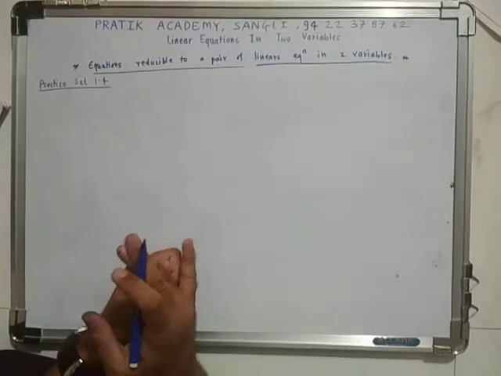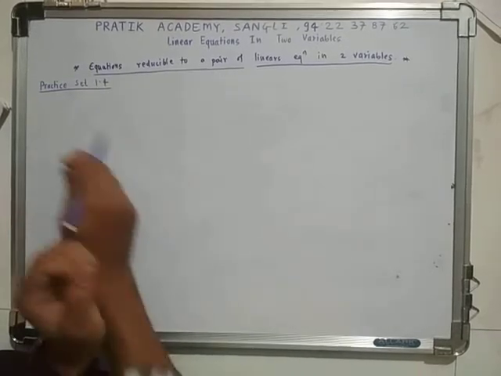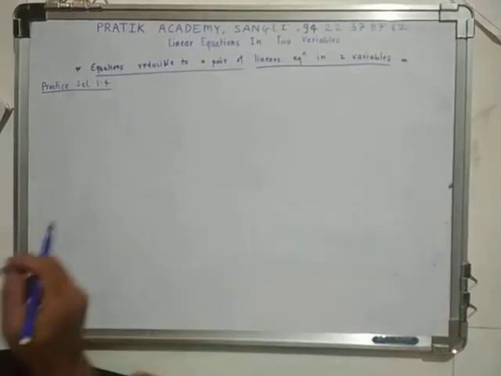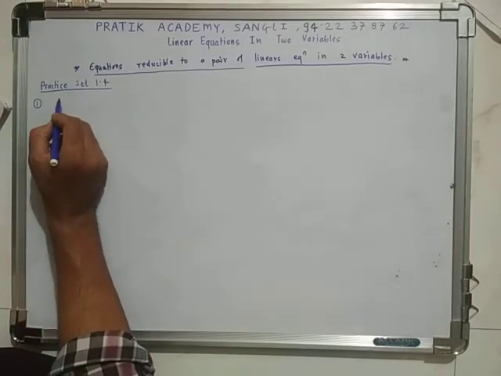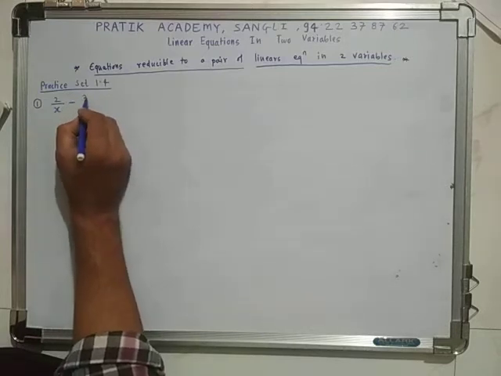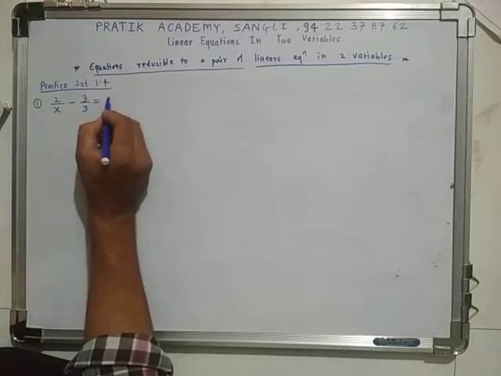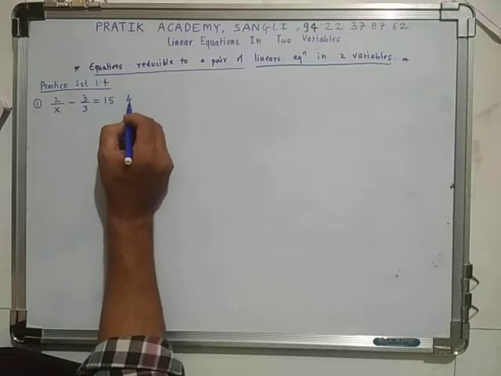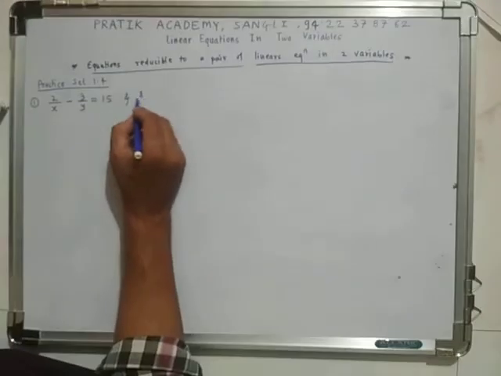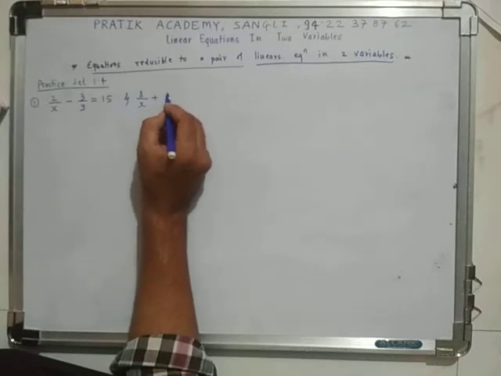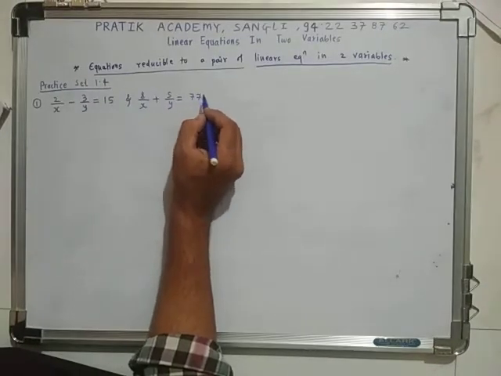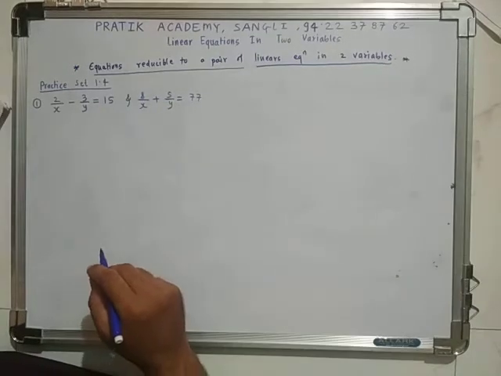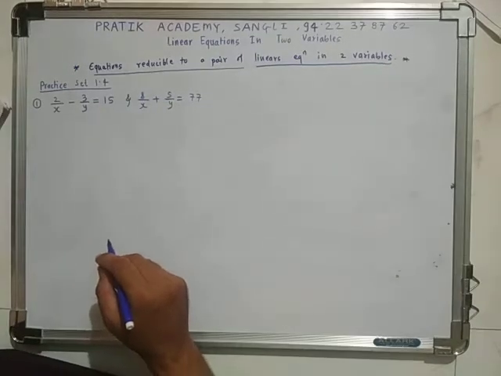This is an important practice set, and we will start with our first numerical. The numerical is 2 upon x minus 3 upon y is equal to 15, and the second equation given is 8 upon x plus 5 upon y is equal to 77. So these are the two equations given to us.